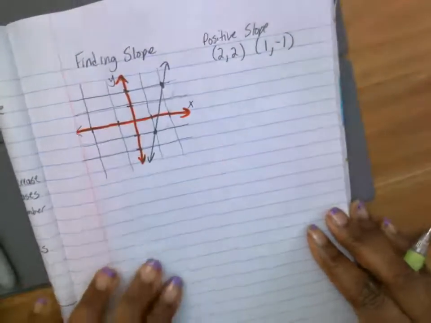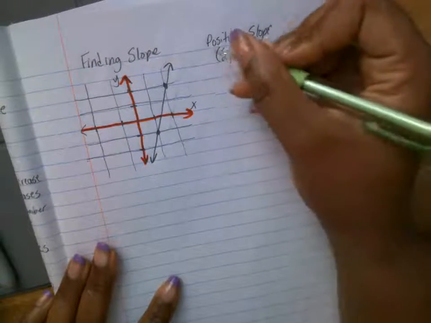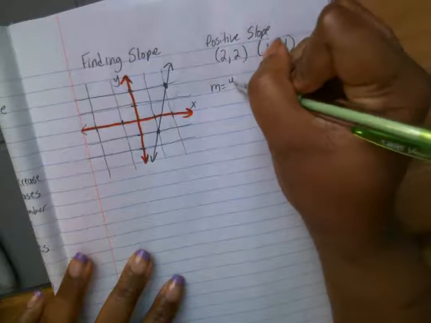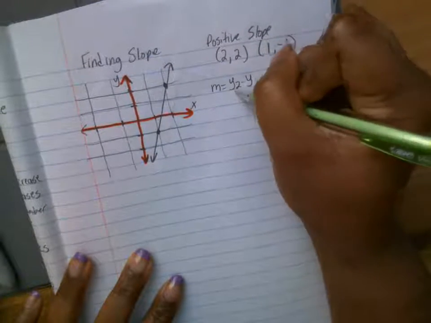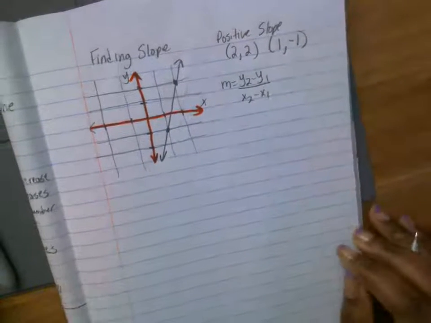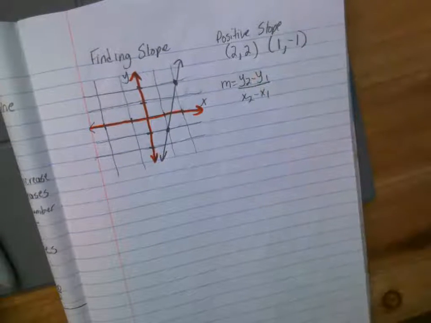The first formula that I'm going to use for slope is y2 minus y1 over x2 minus x1. Of course, I can use rise over run, but I do want to practice using this formula.